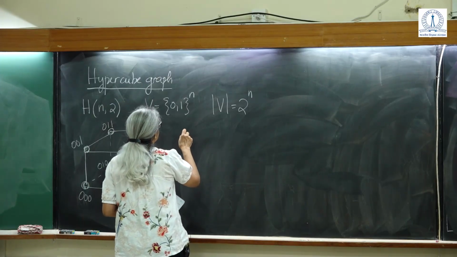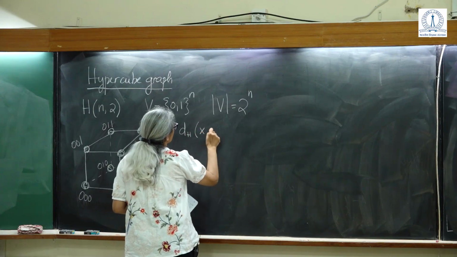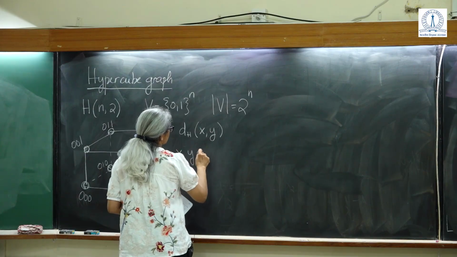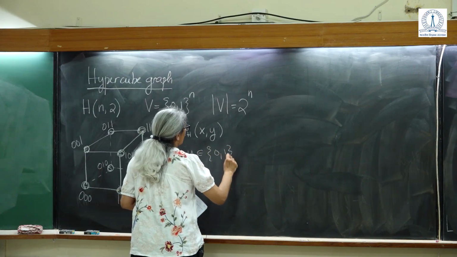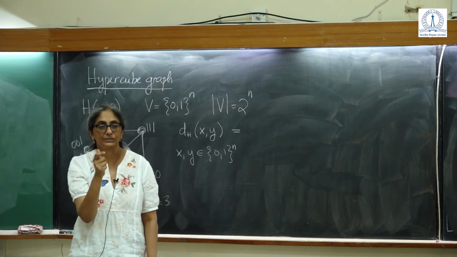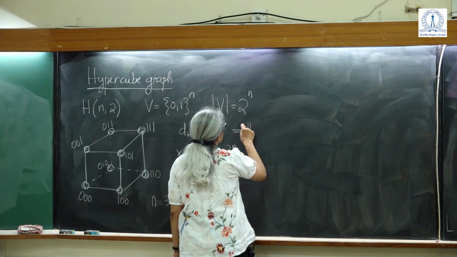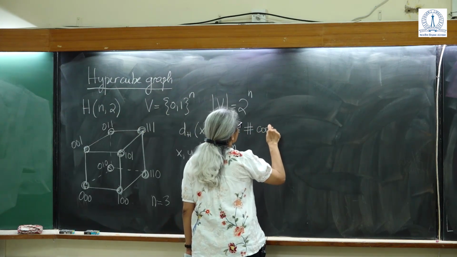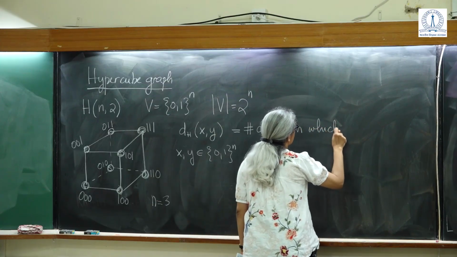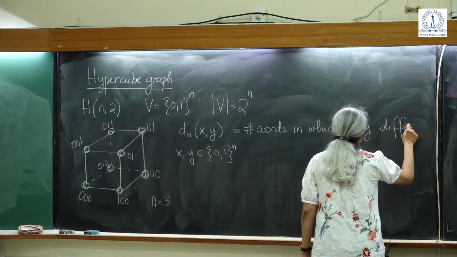The Hamming distance of two points x and y: if I pick an x and y in my vertex set, then the Hamming distance between them is just the number of places in which they differ, the number of coordinates in which x and y differ. That's the Hamming distance.